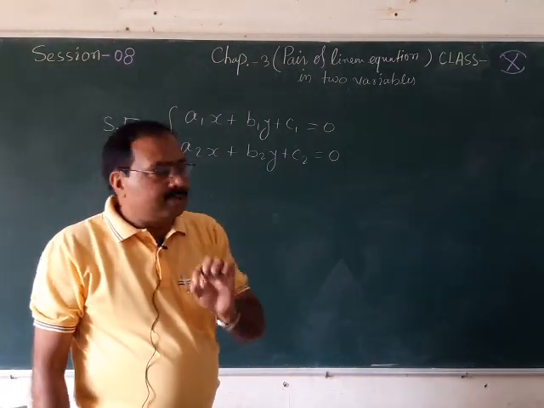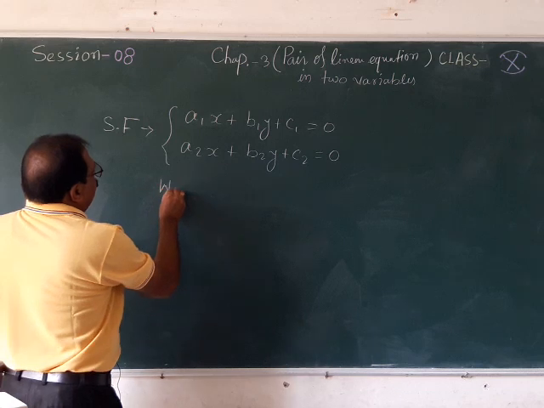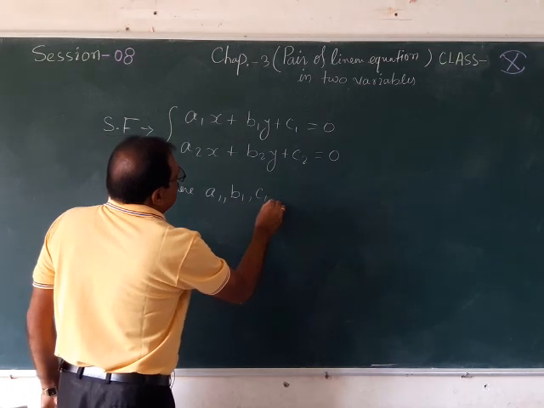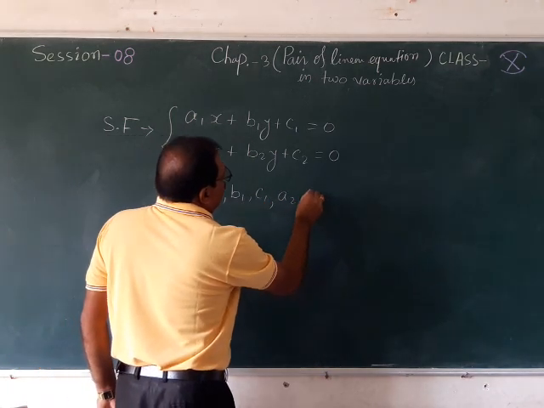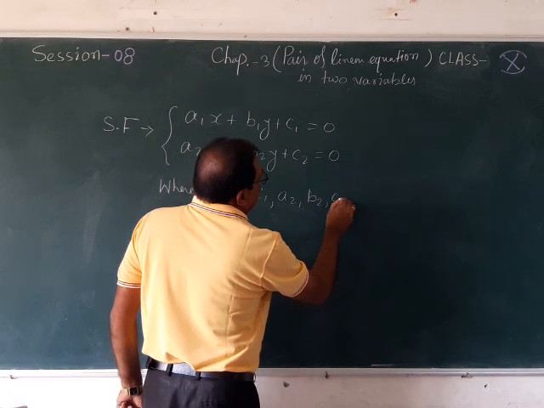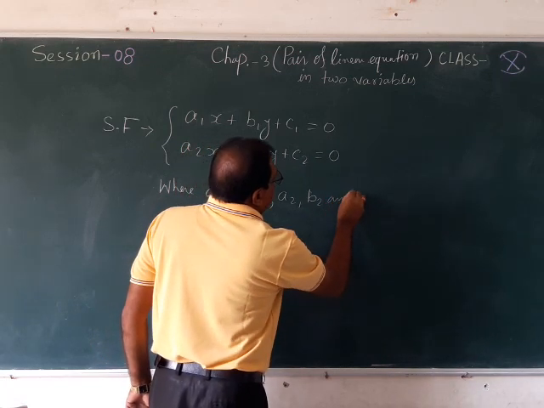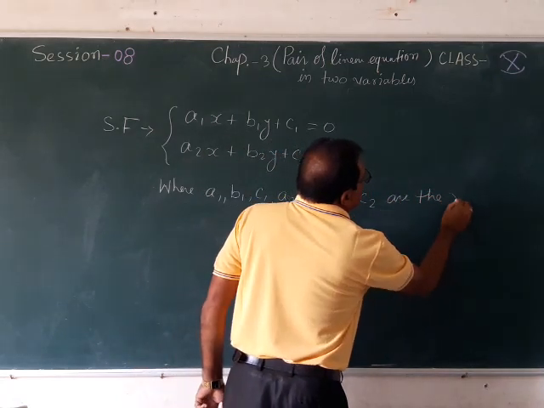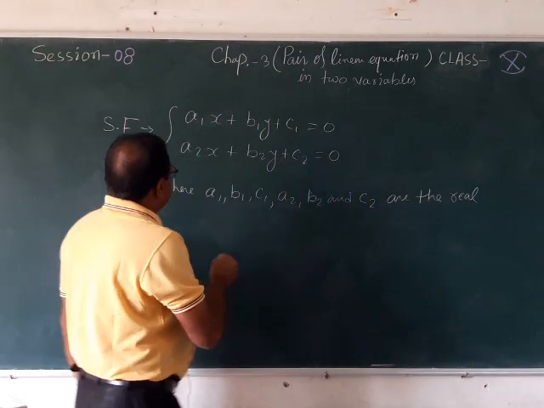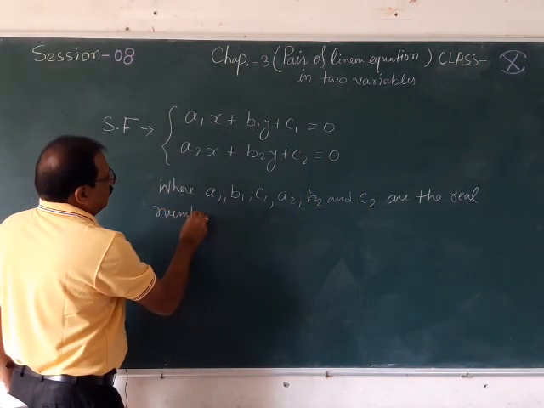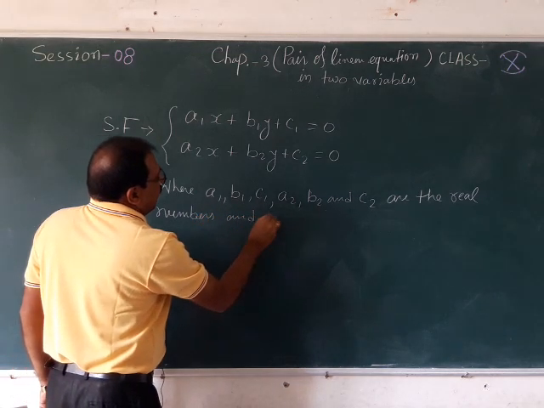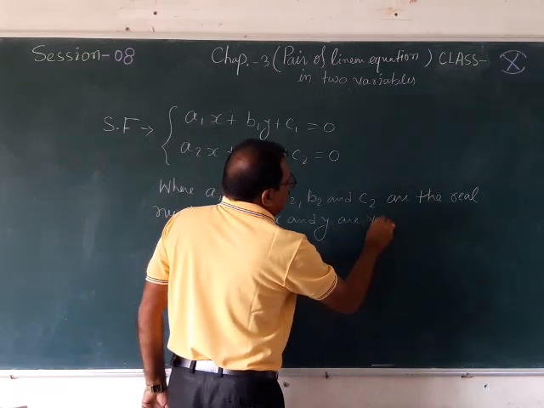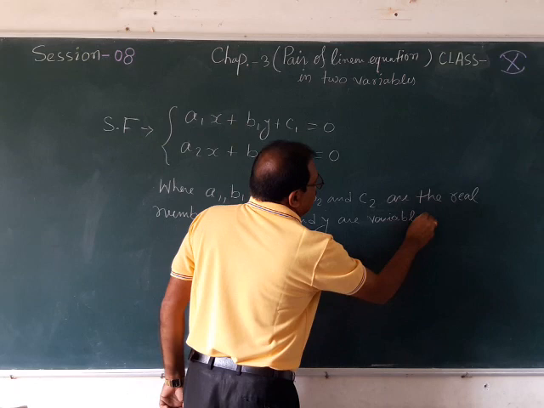Any real number can be there, where a1, b1, c1, a2, b2, c2 are the real numbers, and x and y are variables.